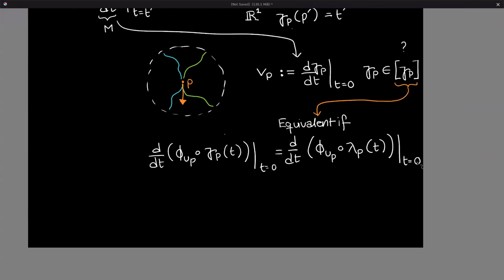If these two are equal, then we say that they're equivalent. What does that mean? That means that their velocity at that point is the same, that's what we're trying to specify here.